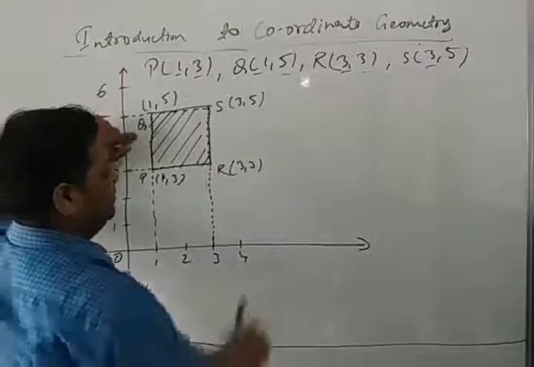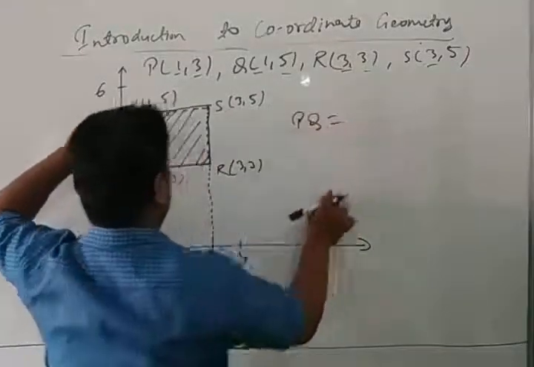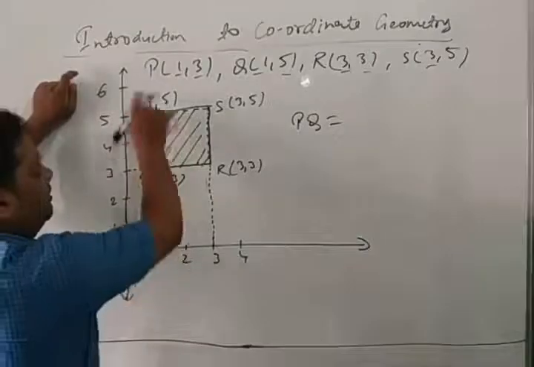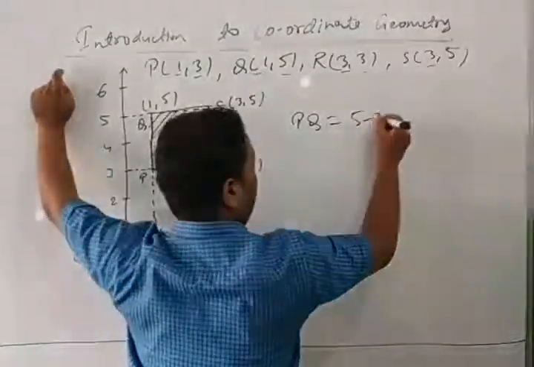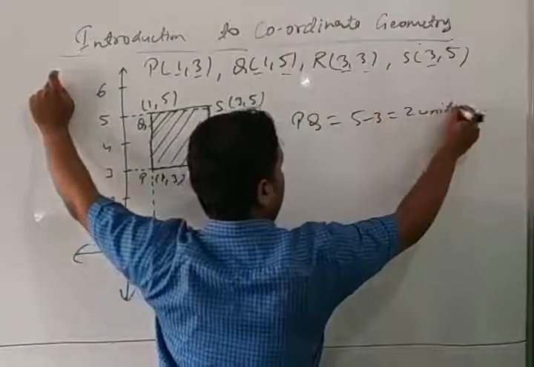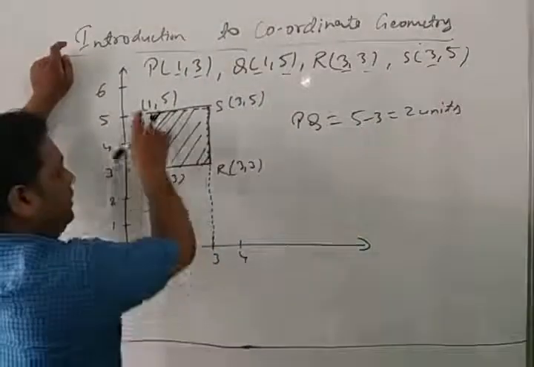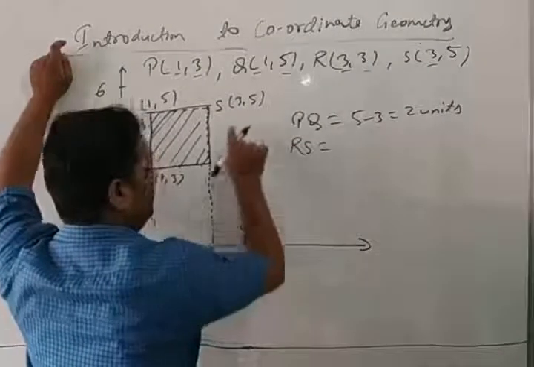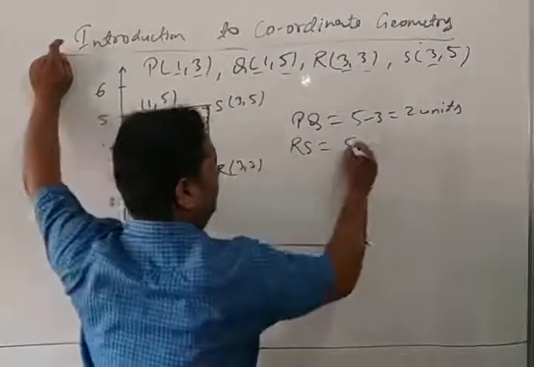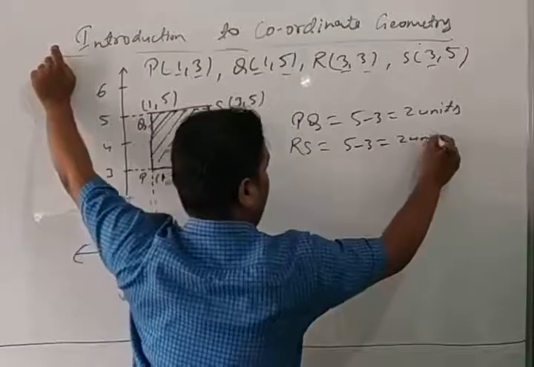Now the distance between P and Q. The x values match, 1 and 1, so we subtract the y values: 5 minus 3, which means 2 units. Now RS: again the x values match, 3 and 3, so 2 units.